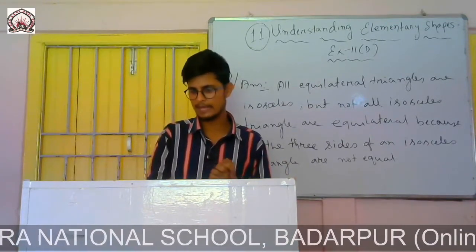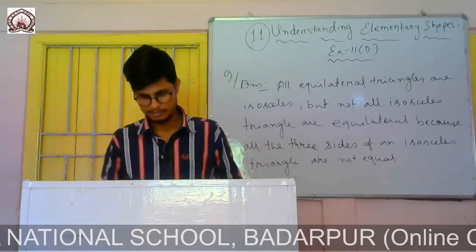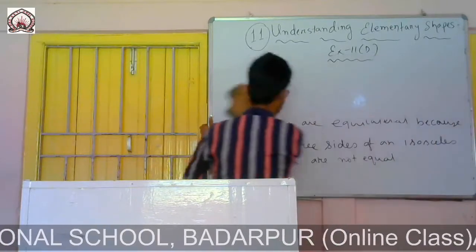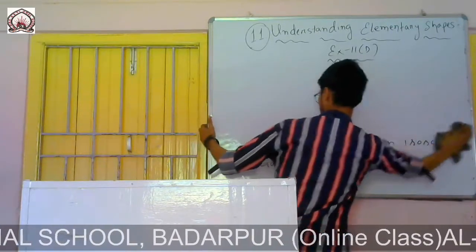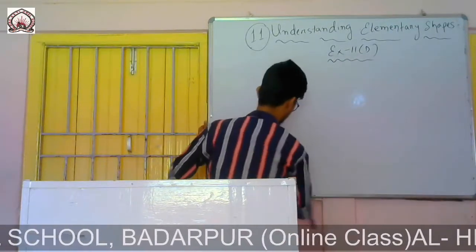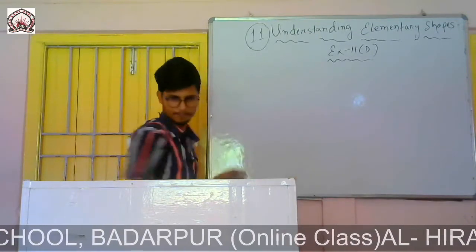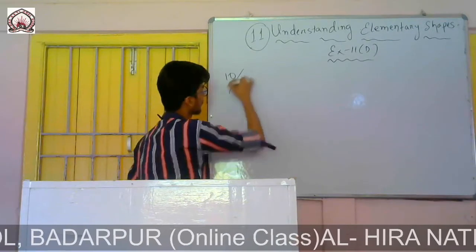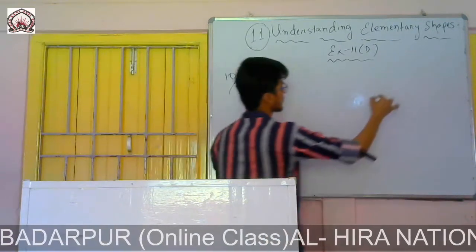Now the last question of this exercise, question number 10. There are two triangles given, and okay, let me draw this one. So a triangle is given.